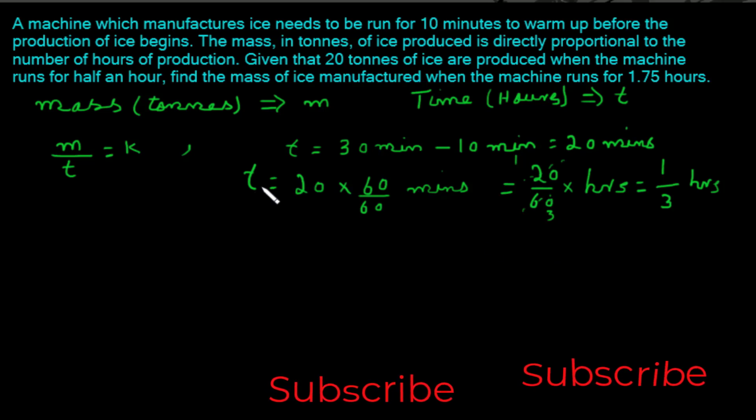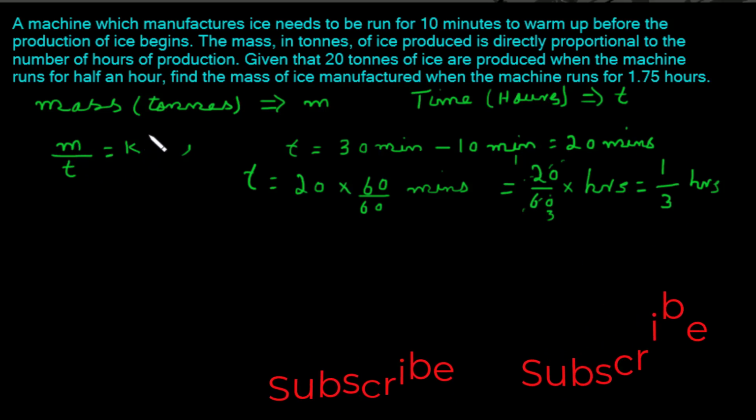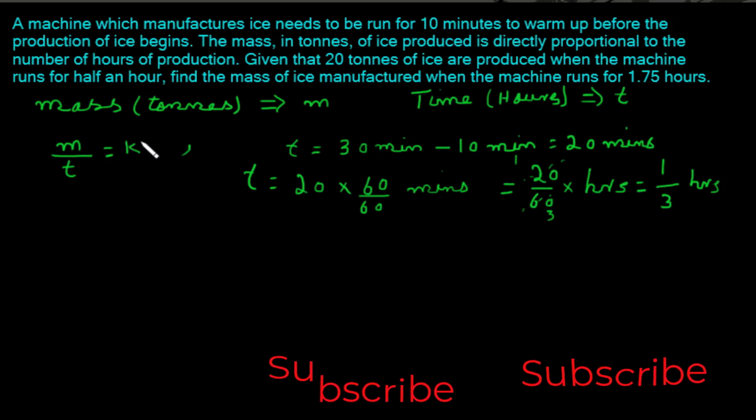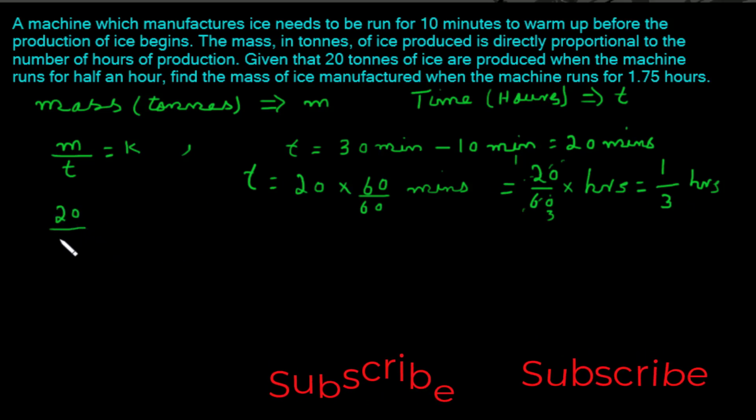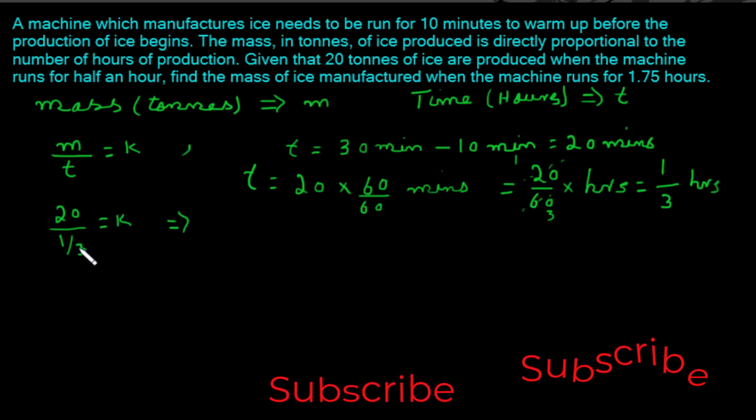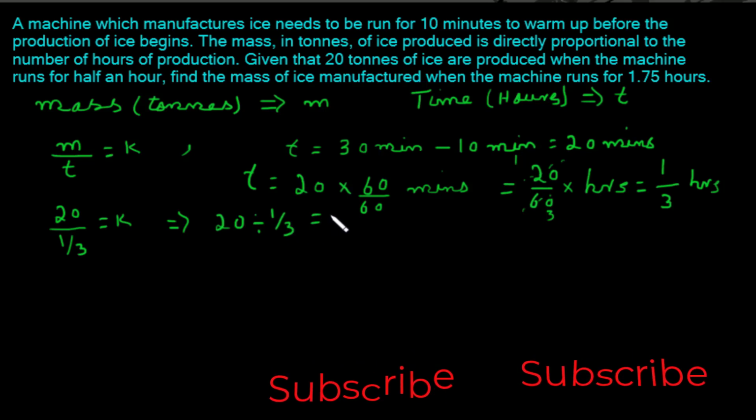And now we will use this t, and M equal to 20 tons, in this equation to find the value of k. Let's plug in the value for M. I will substitute 20, so 20 divided by 1 by 3 is equal to k.